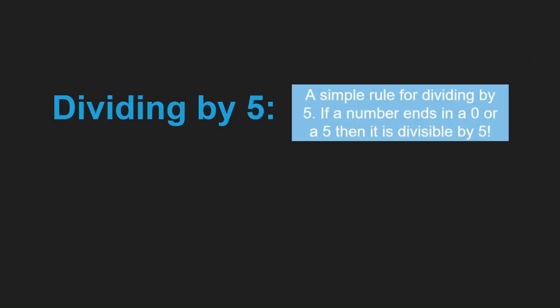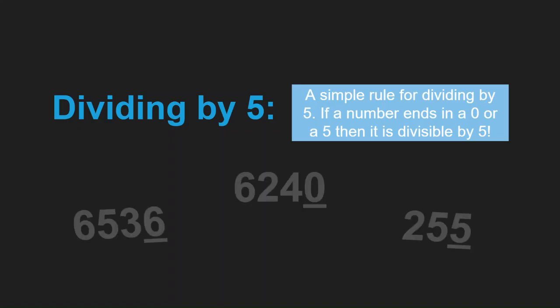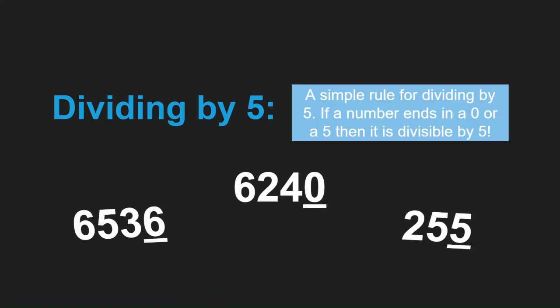Dividing by 5. So 5 is simple. Look at the last number. If it ends in 5 or it ends in 0, it is divisible by 5. So if we look at these numbers, 6,536, that last digit is a 6, which is not a 5 or a 0.